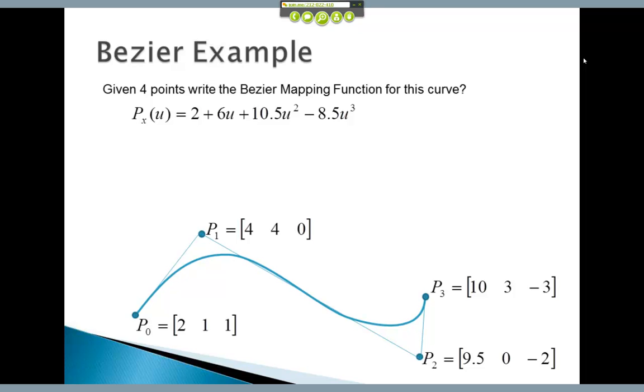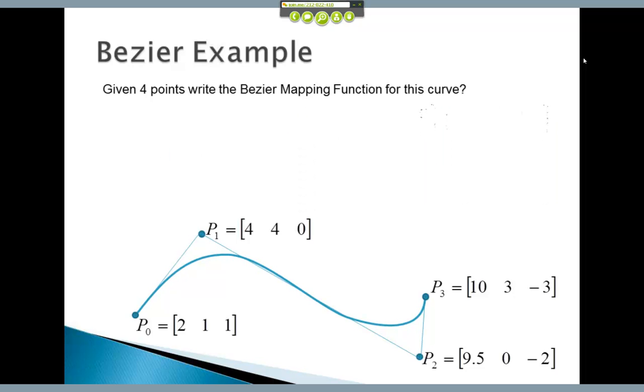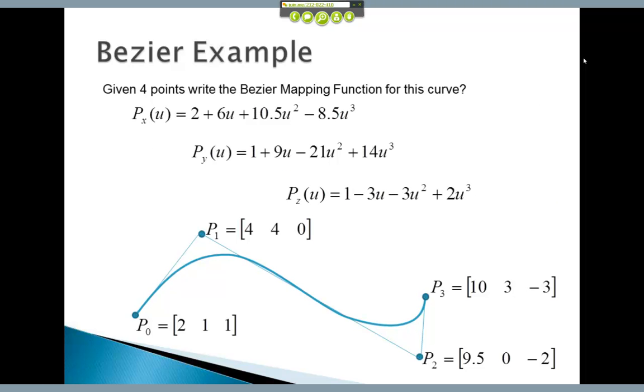It'll be transposed. Okay? It'll be transposed in the middle, and you'll have a column for the U vector running down the side. So it doesn't matter whether it's written this way or the U is a column instead of a row. The math is just slightly different, but it still all works out. So going back to our mapping functions, the Y looks like that and the Z looks something like that.